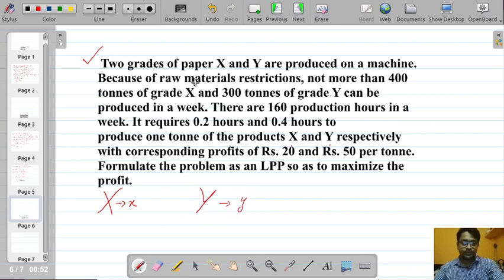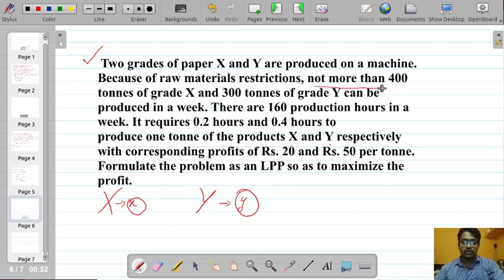Here the unit that we are taking is tons. Let x tons of capital X and y tons of capital Y be produced per week.